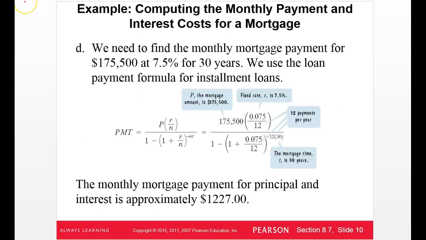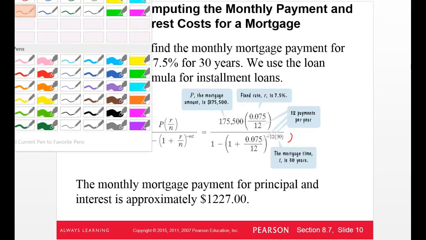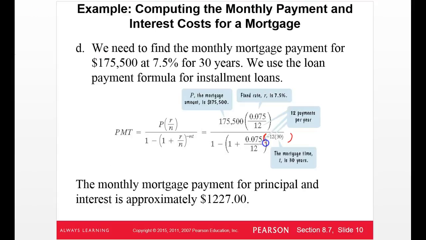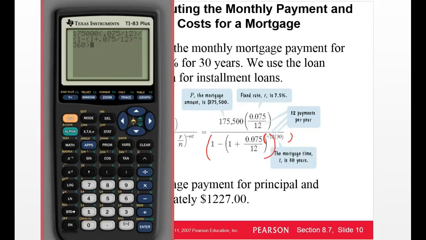We'll plug all that in. Again, you can plug all this into your calculator. Just be careful. I would put all that up at the top in a parentheses, because that's the order of operations. You can either put up a negative 360 and have it more multiplied out, but if you put it in as a power, you will need to put it in a parentheses. There it is, everything put in at once.